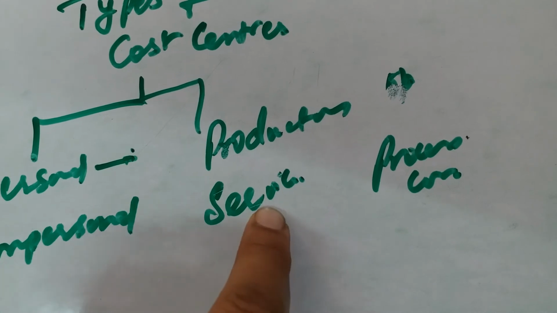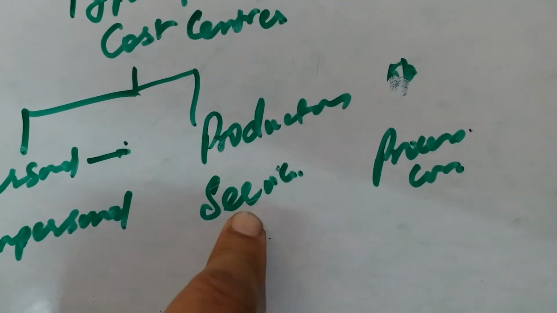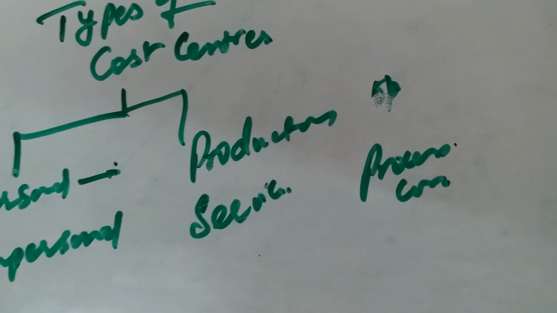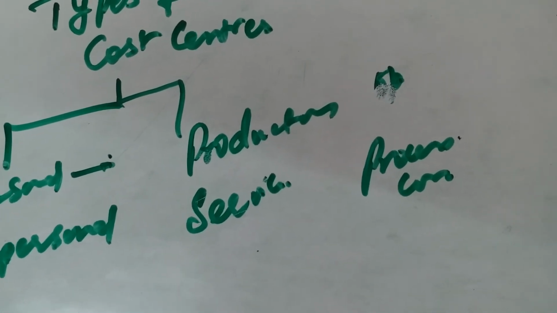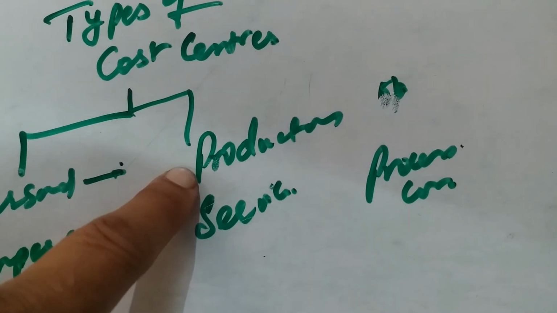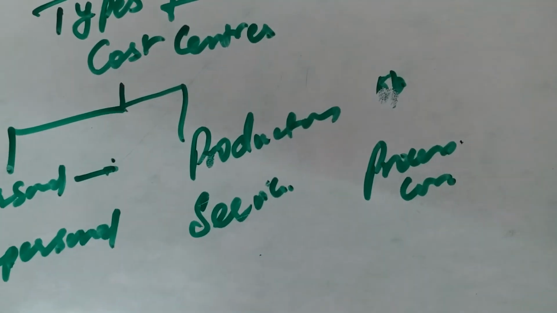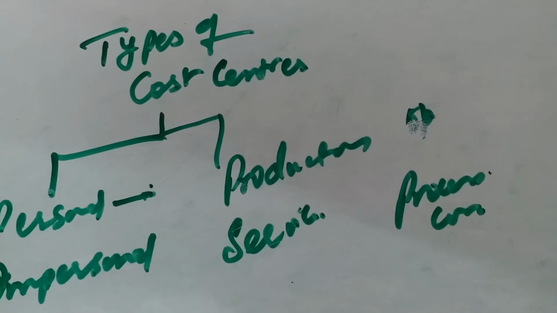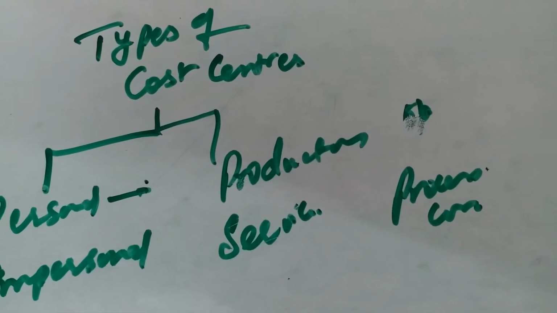Rendering services only. So it is a part of the service cost center. Then if I say some product A, product B, of course I'm talking about the production cost center. So these are the various types in which we can create cost centers in an organization.